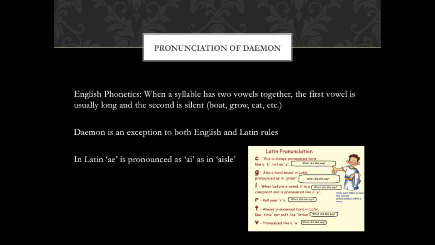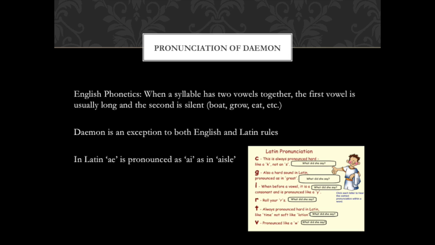Now, this is confusing because it breaks the formal rules of the English language as it's taught. And in many, many cases, you do see that AE vowel combination pronounced as A in English. But according to the rules of English, when you have those two vowels together, the first is pronounced long and the second is not.